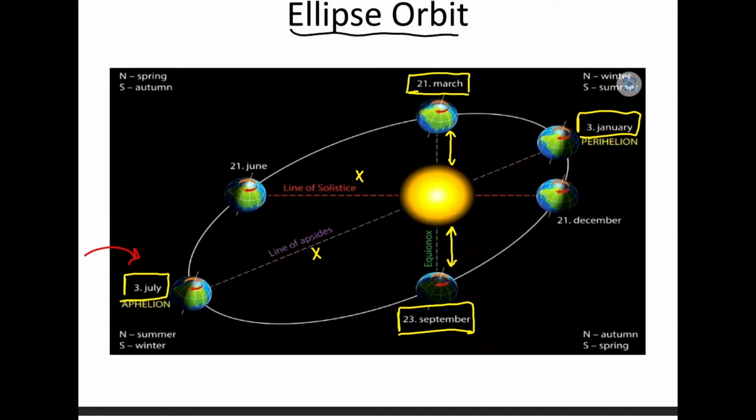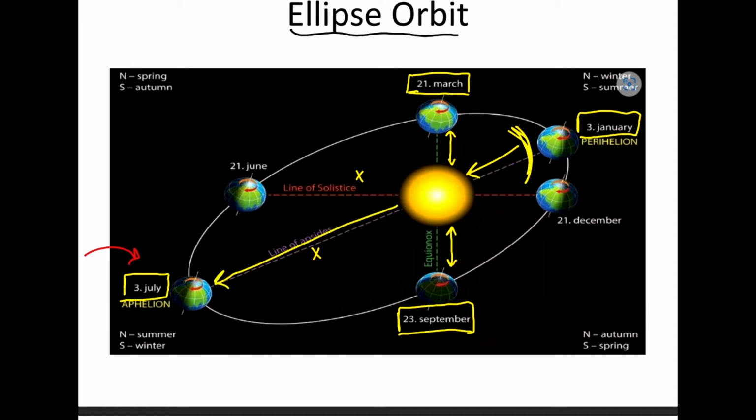You see, January, February, and December in Pakistan at least are cold. But in these months, we are on this side of the orbit, which is much closer to the sun. But in June and July, we experience the hottest climates, but we are at the farthest location from the sun.